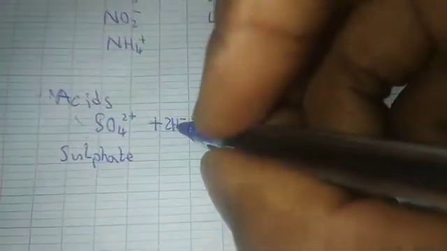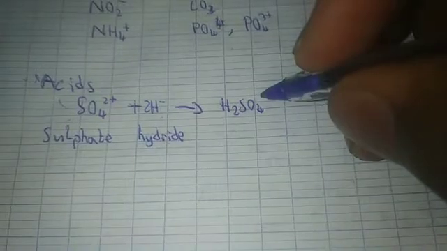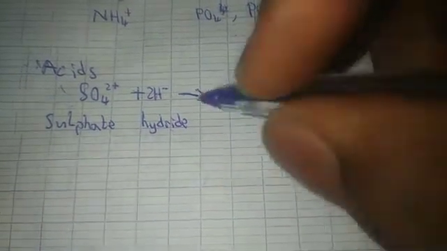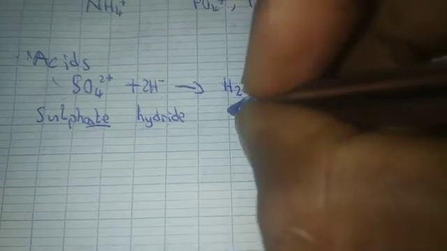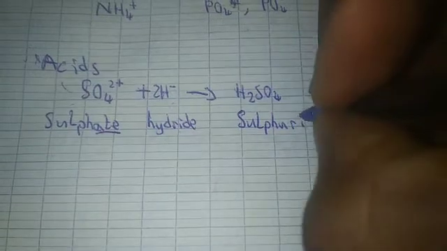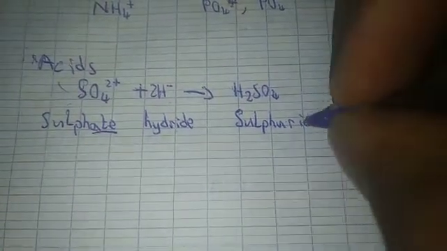Remember, in the last tutorial we explained that when we have an ion ending in "ate", for naming acids, the rule of chemistry, the language of chemistry, says that this will be sulfuric acid.